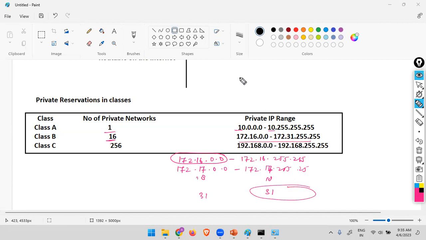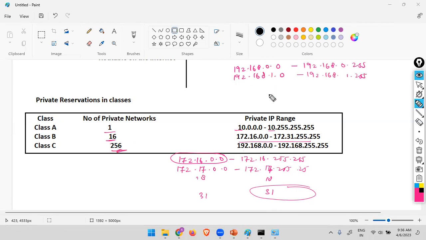Similarly, in case of class C, if I'm reserving only one network, it will be 192.168.0.0 till 192.168.0.255. This is one network. My next second network would be 192.168.1.0 till 192.168.1.255. Now, how many I have to reserve? 256.